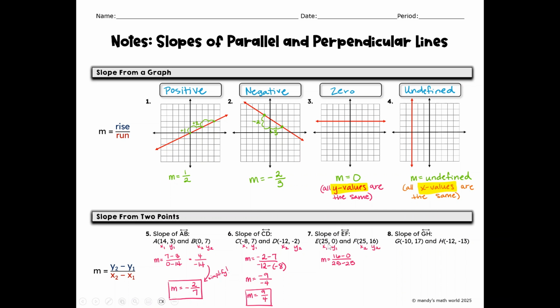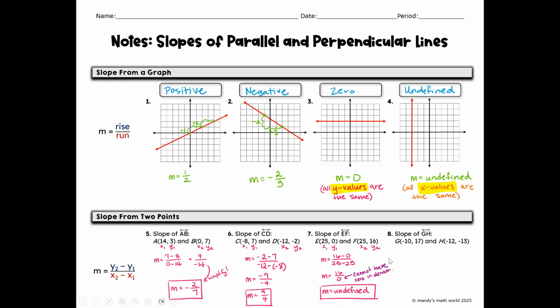Just know that whatever you label x1, its y value is y1. So 16 minus 0 over 25 minus 25. And in this case, I get 16 over 0. So what's the slope? The slope is undefined. You cannot have 0 in your denominator. So this is an example of an undefined slope.